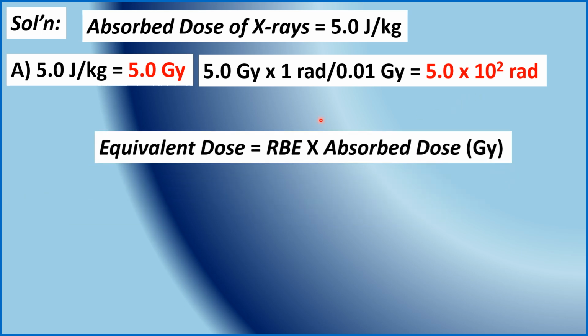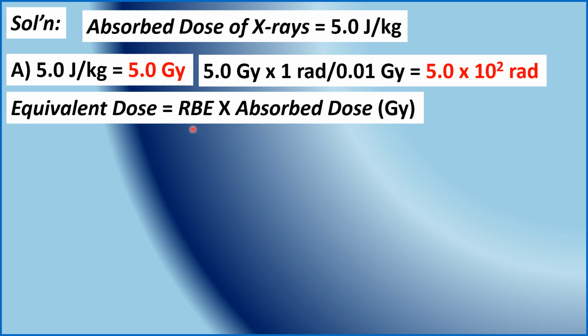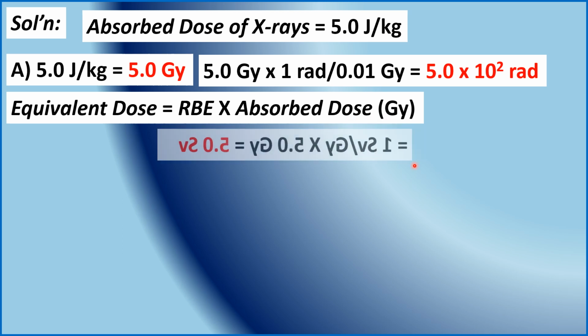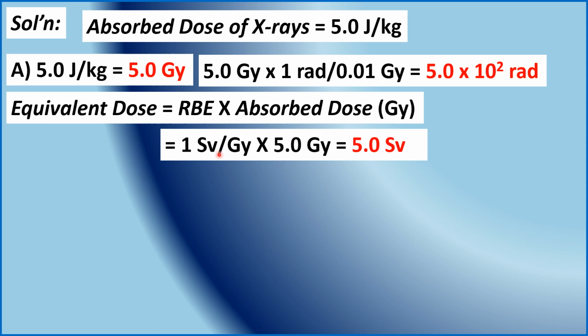Now for the equivalent dose, the formula is just equal to the RBE of X-ray multiplied by the given absorbed dose in gray. Substituting, the RBE for X-ray is 1 sievert per gray, multiplied by 5.0 gray. The unit gray cancels, and we have the equivalent dose equal to 5.0 sieverts.